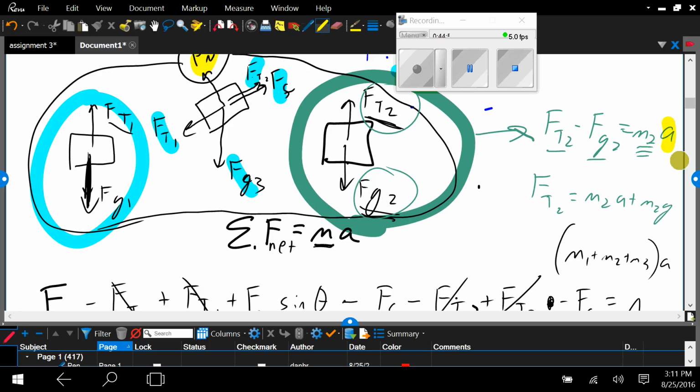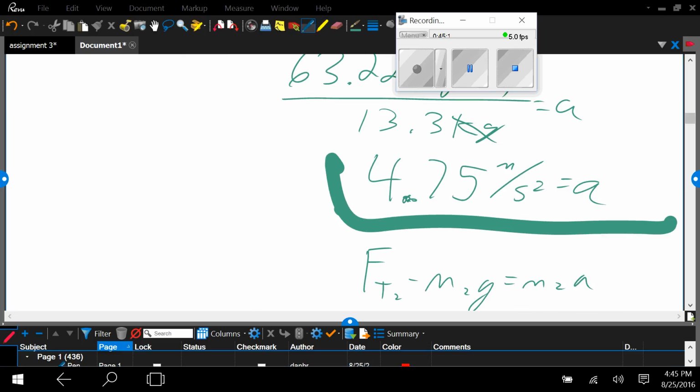to here, and that would give us for the tension, using the green circle, we can get the tension on the right hand side for the 2.7 kilogram mass. And we'll plug in the numbers here and get that for the two tensions and make sure we understand what they are as well.